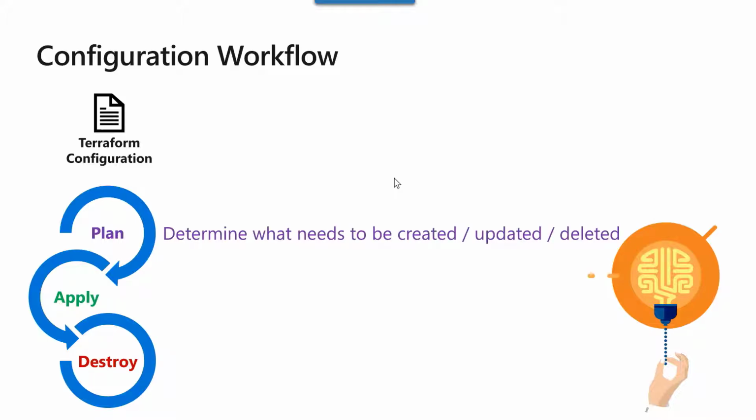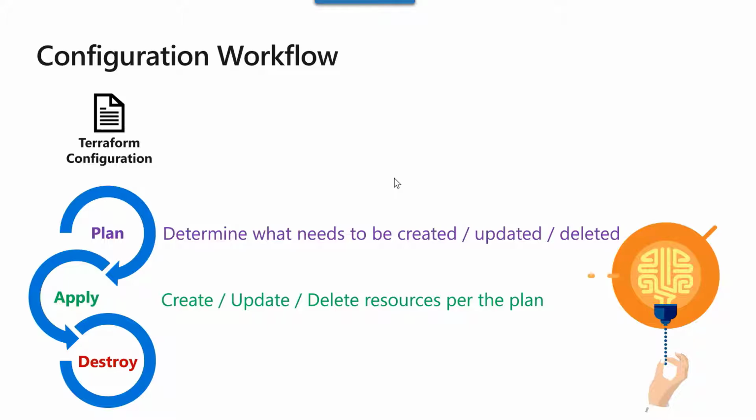The plan phase is used to determine what needs to be created, updated, or deleted. It looks at the current state of the infrastructure, finds out what is in the configuration file, whether it is present in the current infrastructure state or not, and then tells you what will get created, updated, or deleted.